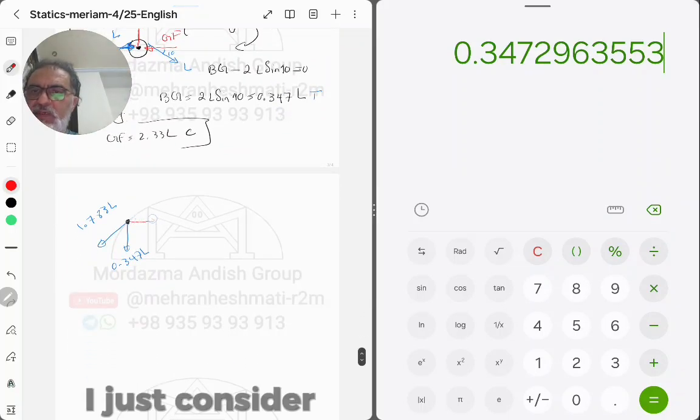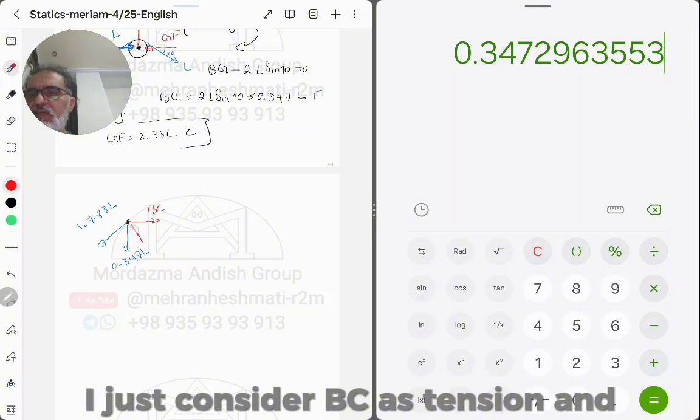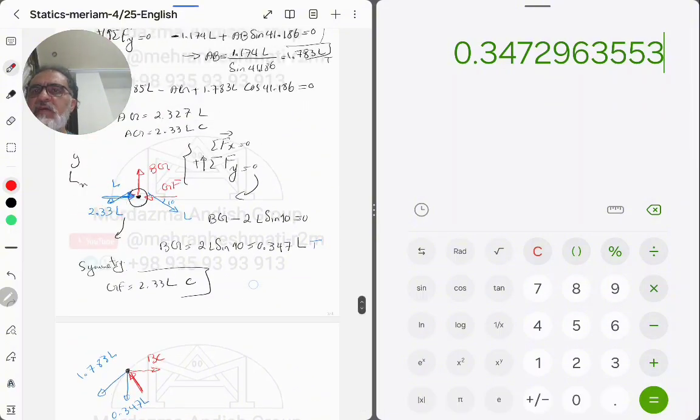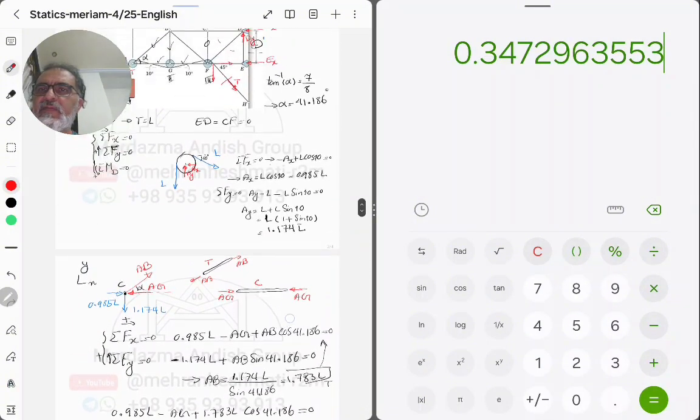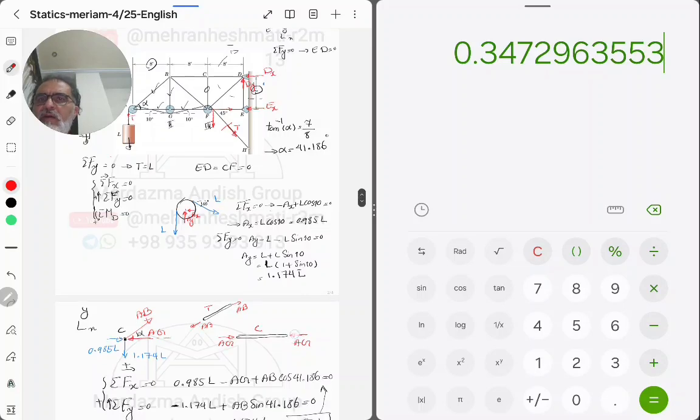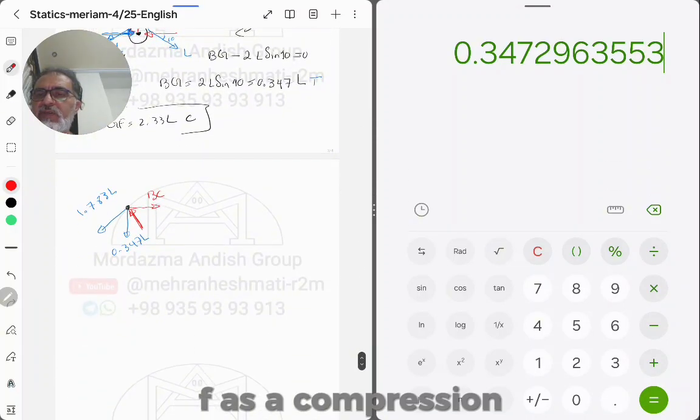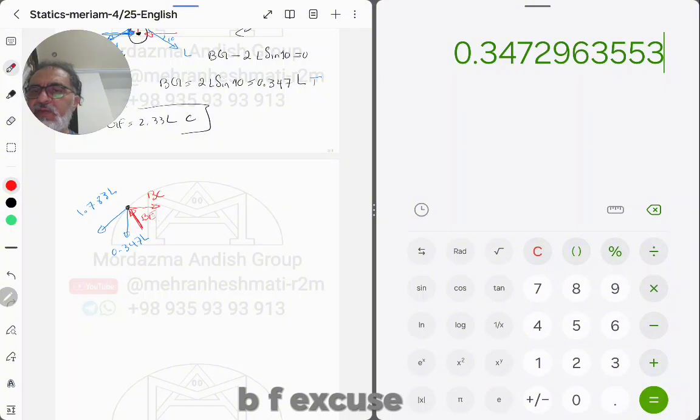Let's consider BC as a tension and BF as a compression.